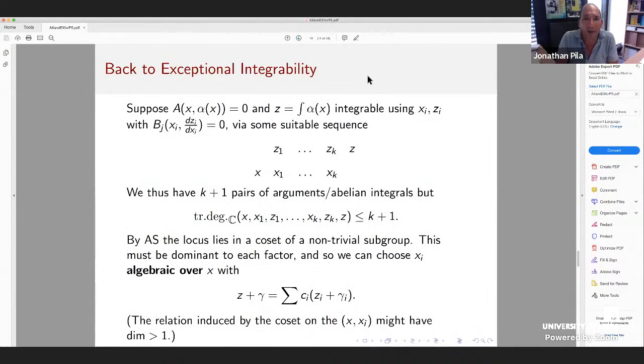So now I want to go back to exceptional integrability, and this following calculation is really the key calculation that connects exceptional integrability to Ax-Schanuel.